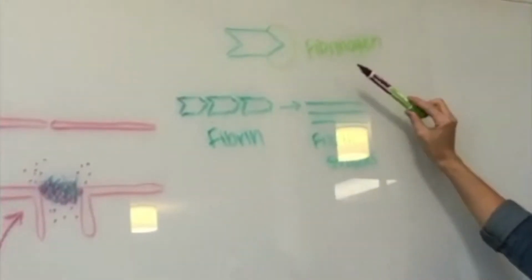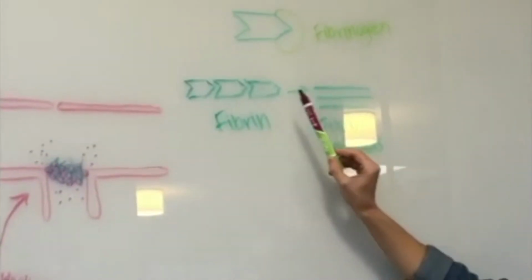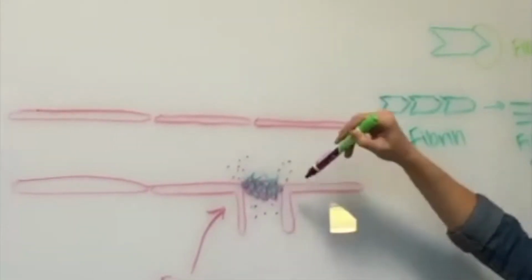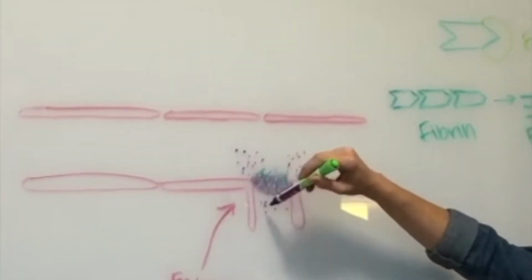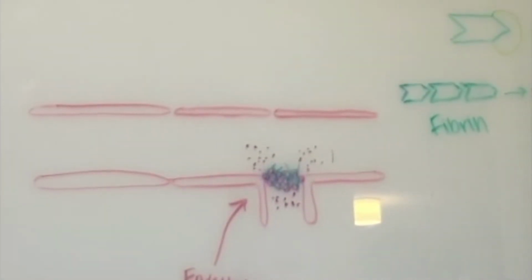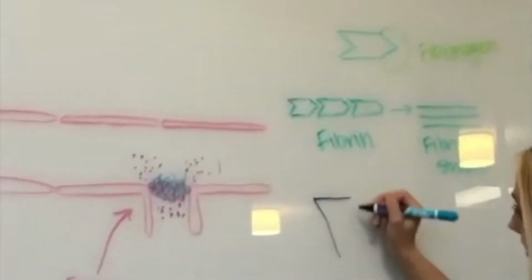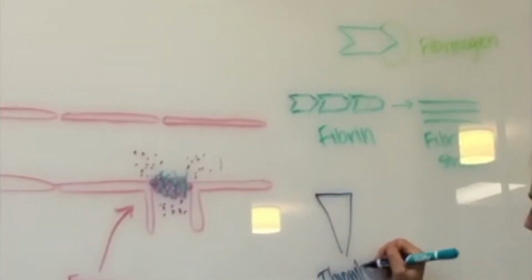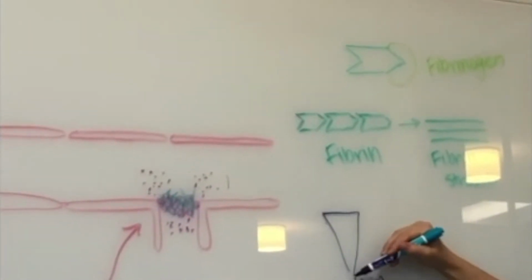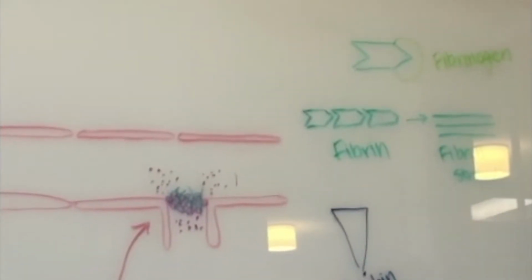Well, the big question is, how does fibrinogen know to turn into fibrin, stick together, turn into fibrin strands, and cover these platelets? Well, the big key component is that when this endothelium tissue breaks, all these little proteins are released. But they don't just work together and send signals. What actually happens is this big key factor called thrombin. It comes in, and that is the key player that tells fibrinogen to turn into fibrin strands.